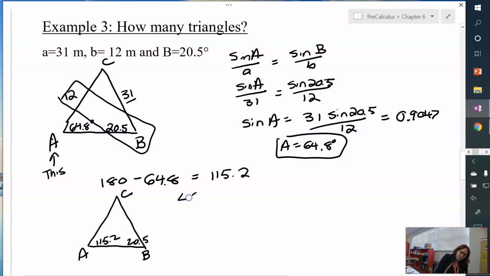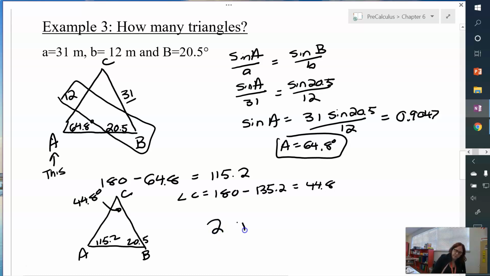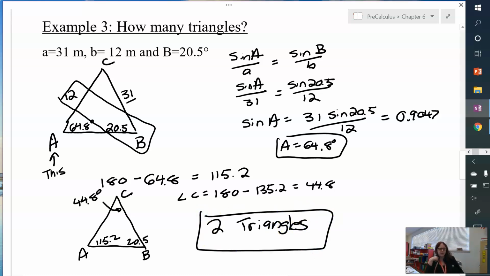So then angle C is going to be 180 minus 135.2, and that gives me 44.8. That works. So I do indeed have two triangles. So that's my answer to this question.